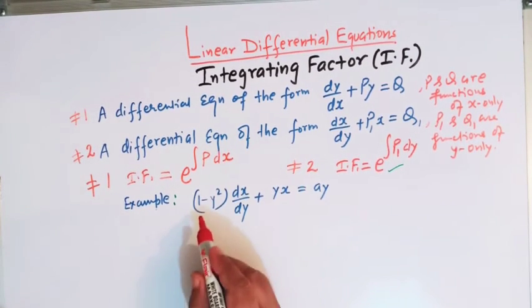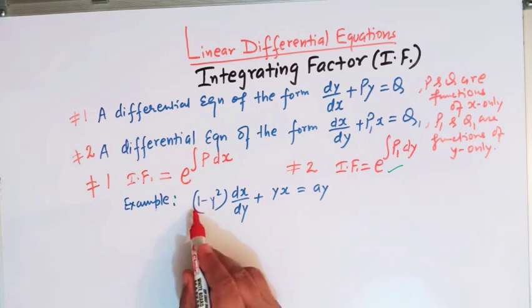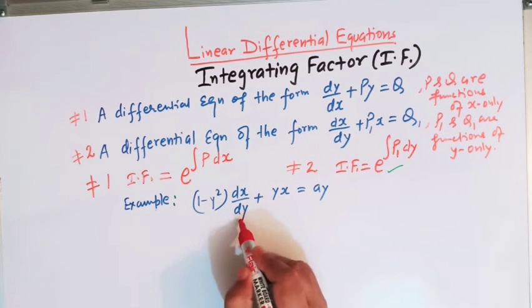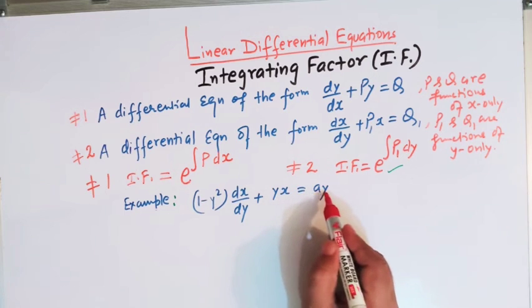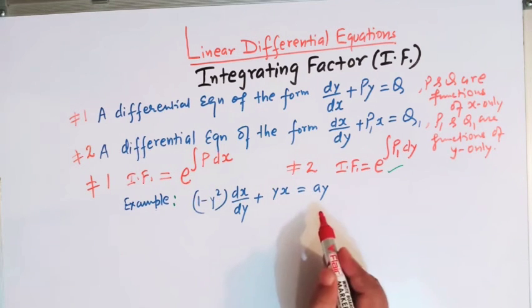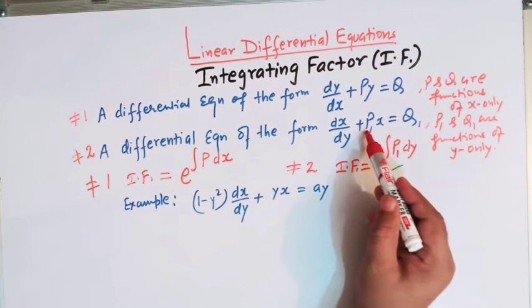Now viewers, let us take this problem. Here we have (1 − y²) dx/dy + yx = ay, and we have to find the integrating factor of this linear differential equation of this type, right?